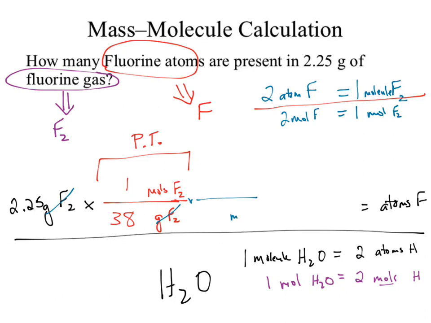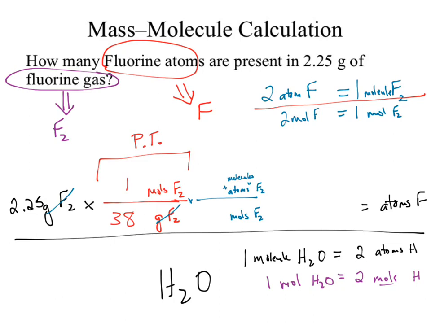No, so I want to get rid of that. What can I convert the moles of F2 to? I could go into atoms of F2. Is atoms the proper word? No. That should better be written as molecules, because there's 2 atoms in F2.